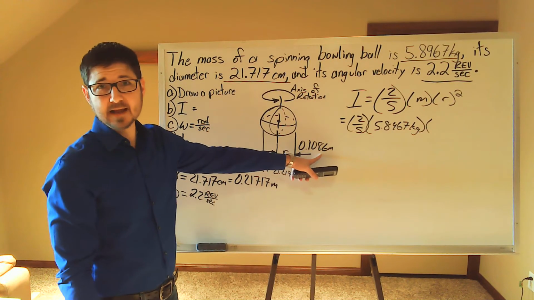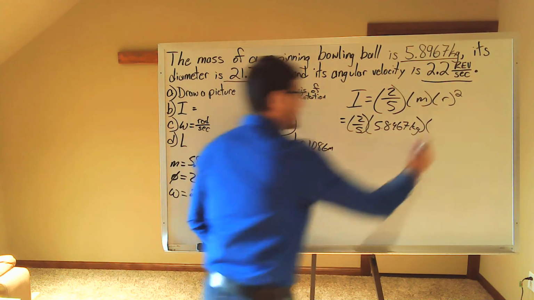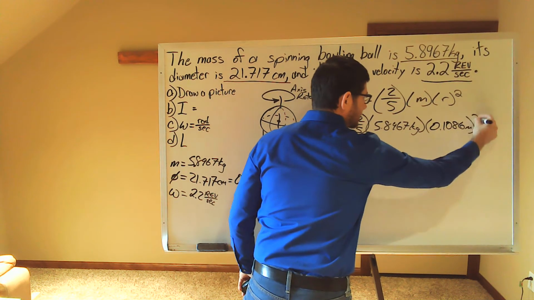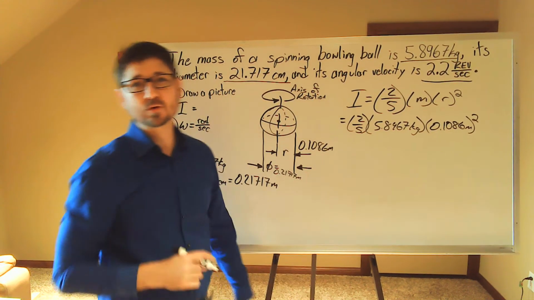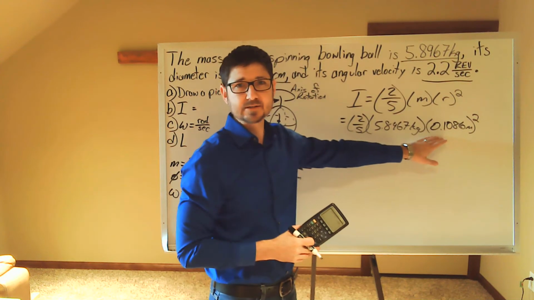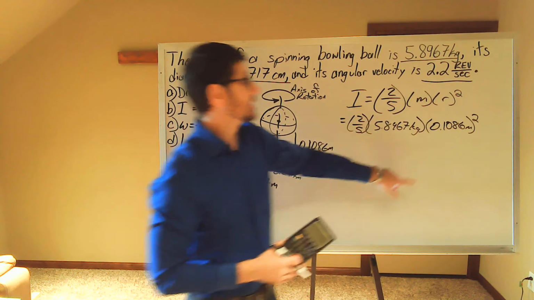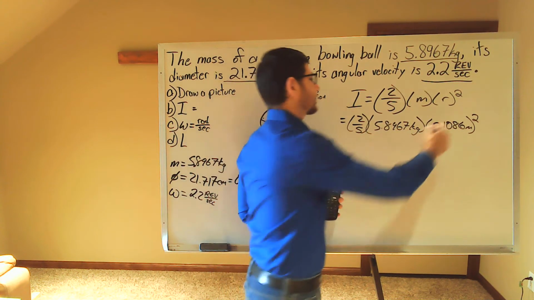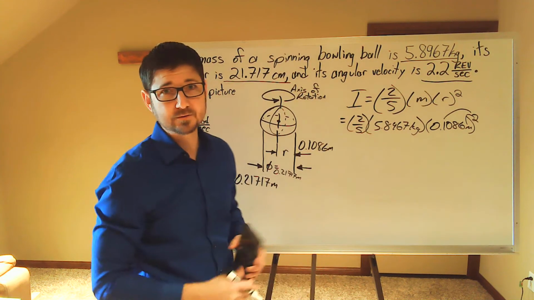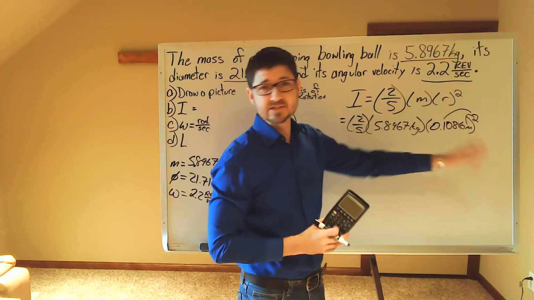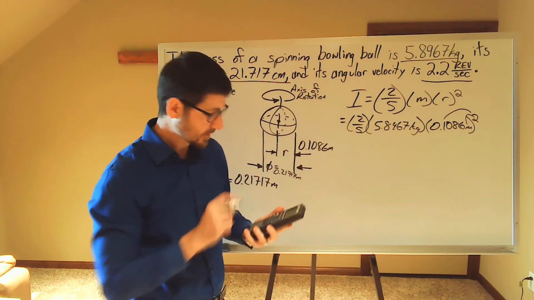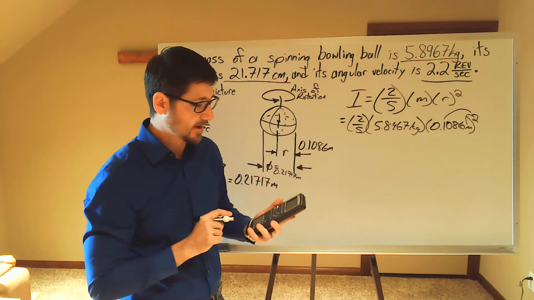We're going to use our calculated value for radius, 0.1086 meters squared. According to the order of operations, we need to square this first. Now remember, not only are we squaring the numerical value, we're also squaring the unit value. So we have meter times meter, so we're going to wind up with meters squared. Let's square that value.